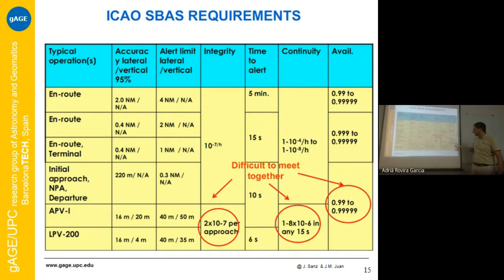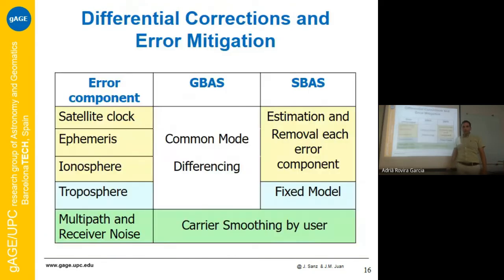Everyone that talks about SBAS is very concerned about these 5 nines. So 99.999% of the time, the system must be working fine. Okay, we will see how we can reach this level of performance.